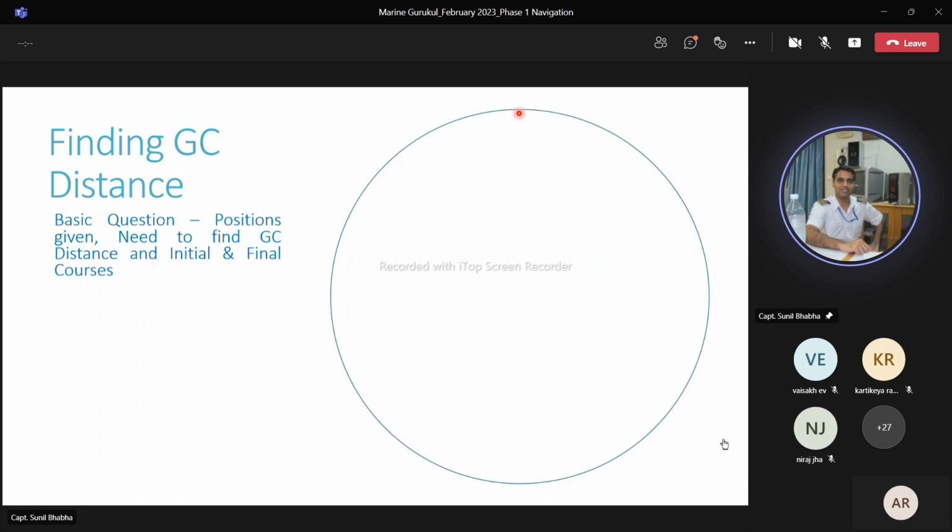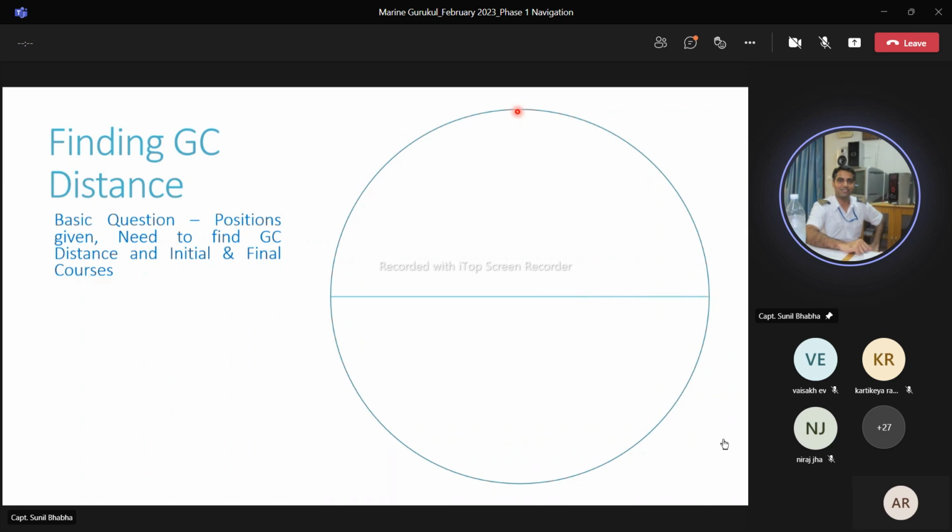This sphere represents the Earth. Later on, when we are familiar with the method, we do not need to draw the full earth diagram. We can draw a small part which involves our initial and final position only. But for understanding, let's have the full earth being shown.